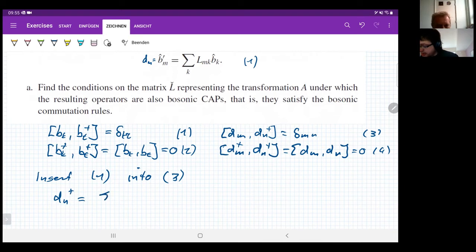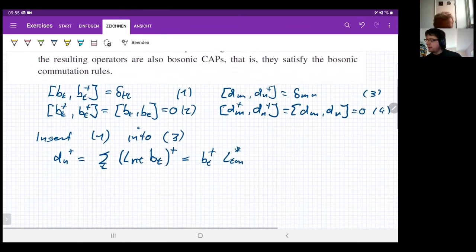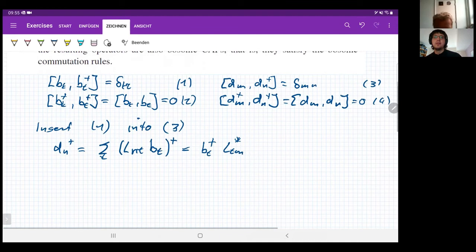So this is given by the sum over t of L_nt B_t. We have to dagger this, and we find this expression, and now we insert this into our delta function.